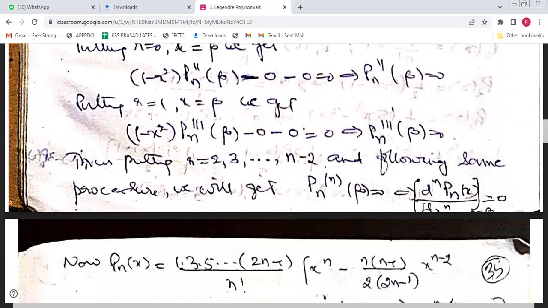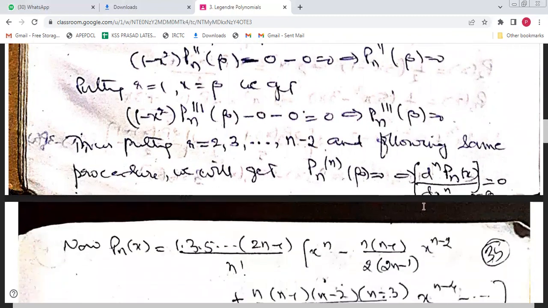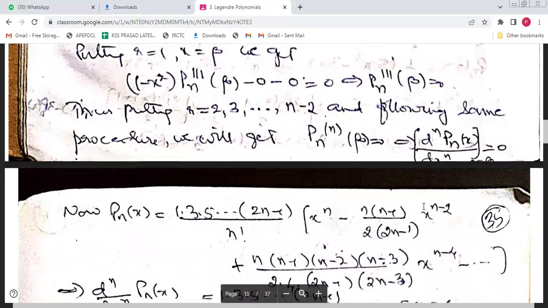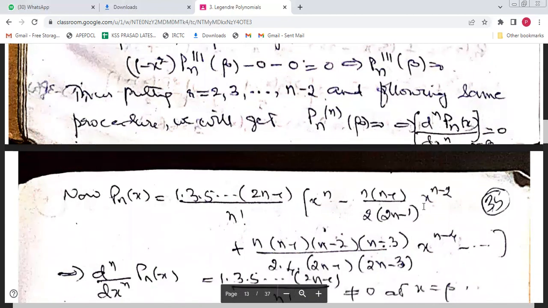But now we know what Pn of x is. It is a series expansion. It looks like 1 into 3 into 5 etc. 2n minus 1 divided by n factorial times x power n, minus n into n minus 1 divided by 2 into 2n minus 1 times x power n minus 2, plus n into n minus 1 into n minus 2 into n minus 3 divided by 2 times 2 into 4 into 2n minus 1 into 2n minus 3 times x to the power of n minus 4.